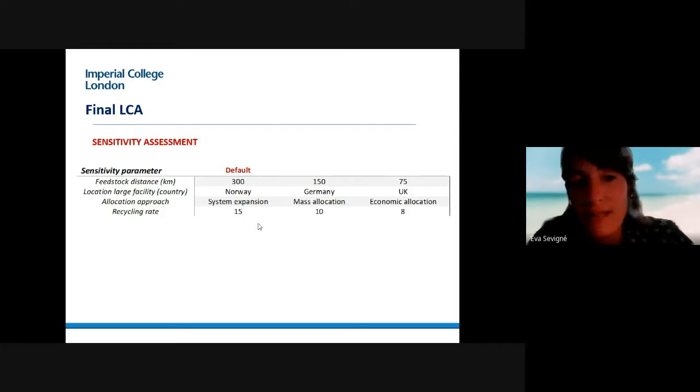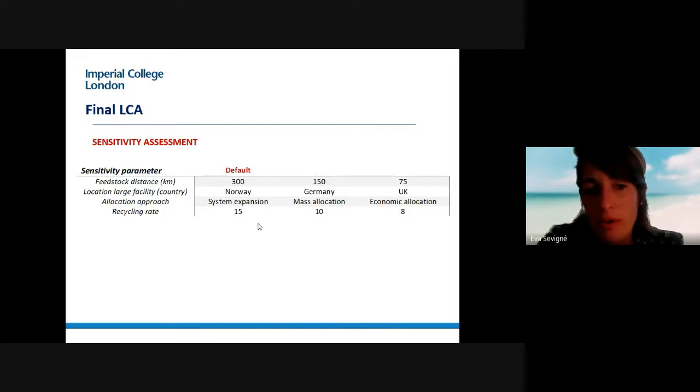We also conducted some sensitivity assessment based on key parameters that we identified while we were developing the LCA, but also because some of these parameters were highlighted by the different stakeholders. And we evaluated 8 scenarios under the sensitivity assessment.